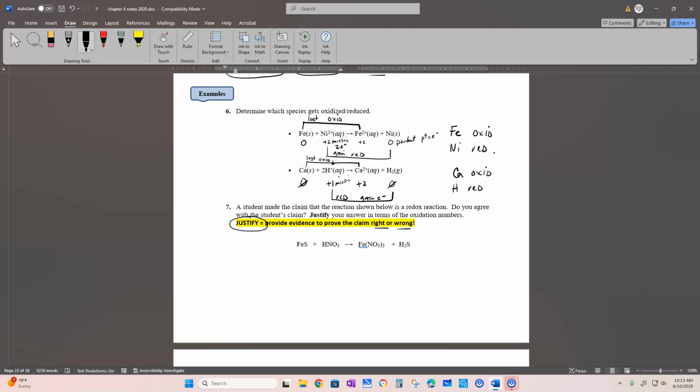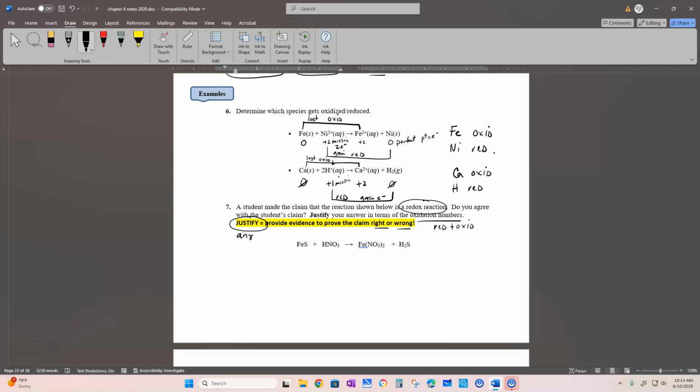You can use anything you want to prove the claim right or wrong. If he's saying that the below is redox, that means we have to use oxidation numbers, and that means you need to have somebody that was reduced and oxidized. All right, well, let's check it out.